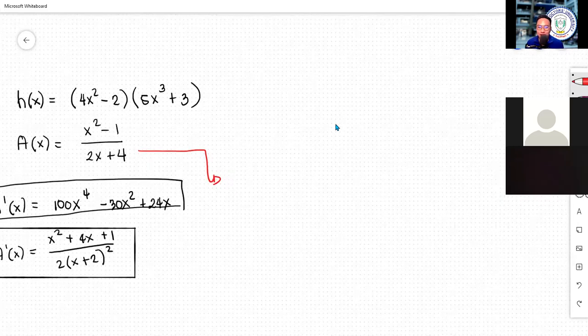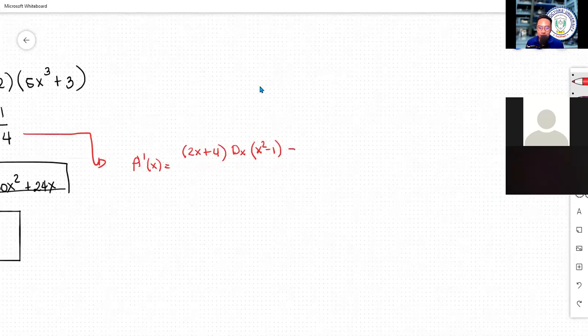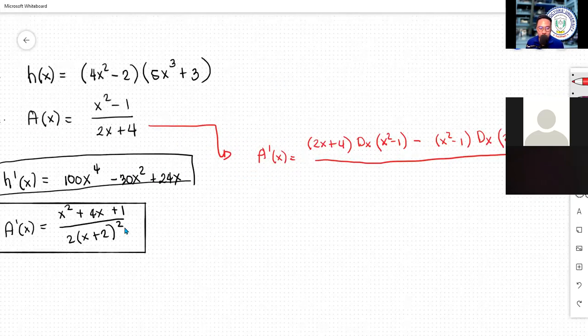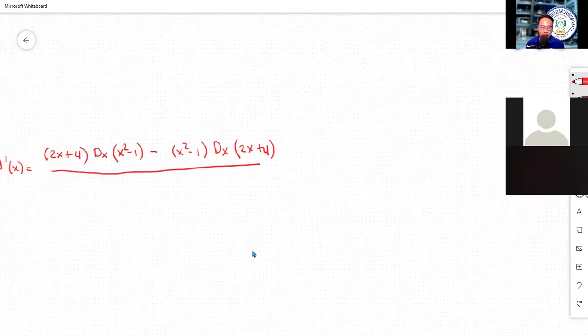First thing is a prime of x equals the denominator 2x plus 4 times the derivative of x squared minus 1, minus x squared minus 1 times the derivative of 2x plus 4, over the denominator squared, 2x plus 4 squared.